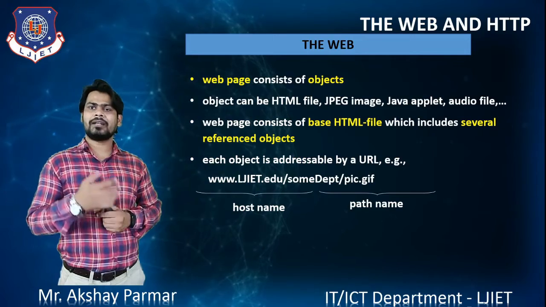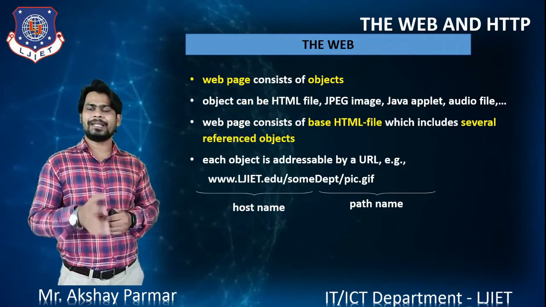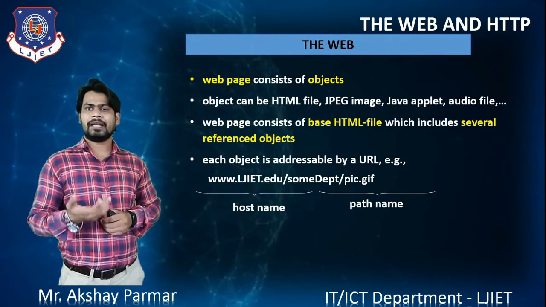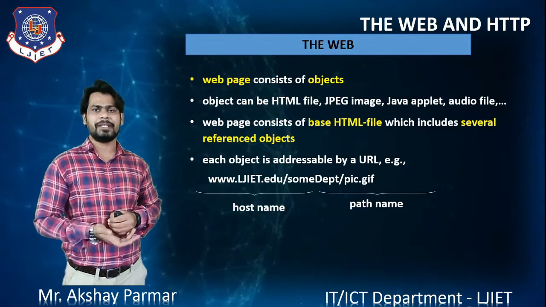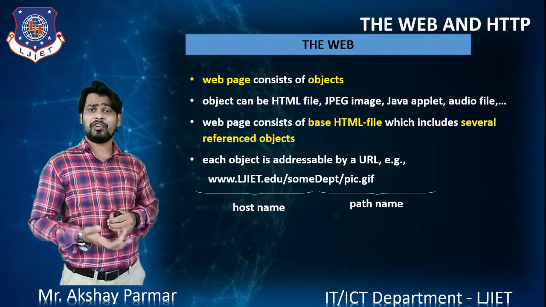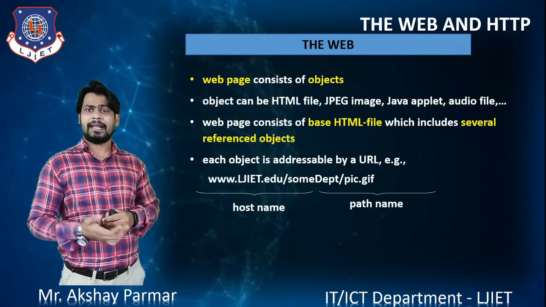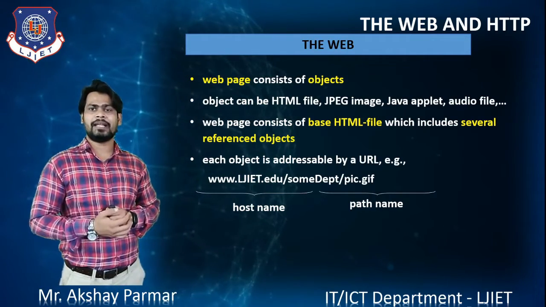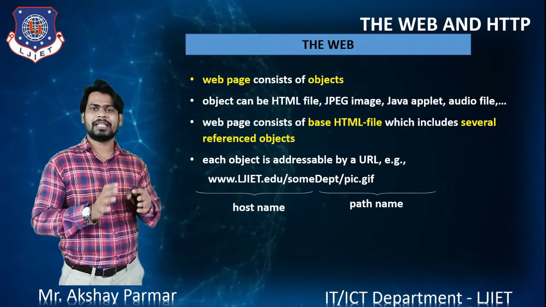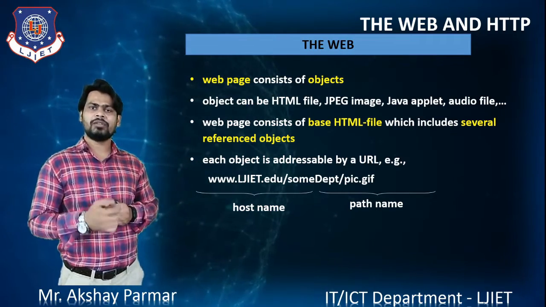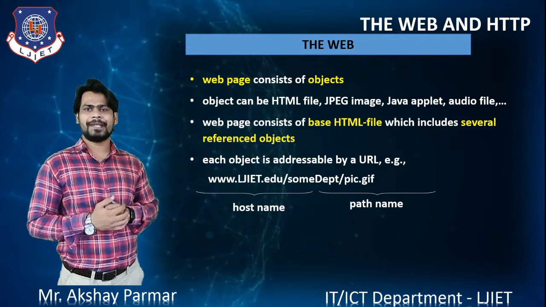So web pages consist of objects, and those objects can be an HTML file, JPG file, PNG file, image file, video file, audio file, Java applets, textual formats, and all that. The web page consists of a base HTML file which includes several referenced objects.